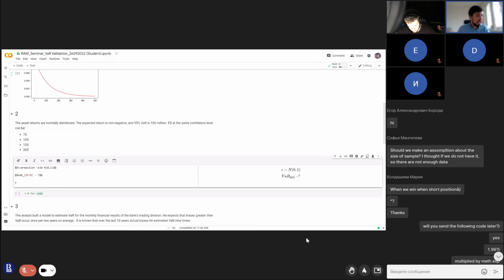VaR in these settings is just a quantile of the standard normal distribution.